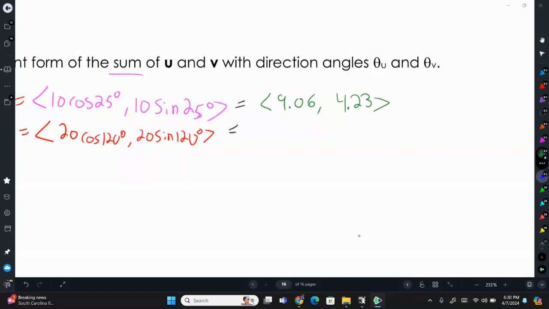And then for v, 20 times the cosine of 120 degrees is negative 10, and 20 times the sine of 120 degrees is 17.32. So now we're going to add these.